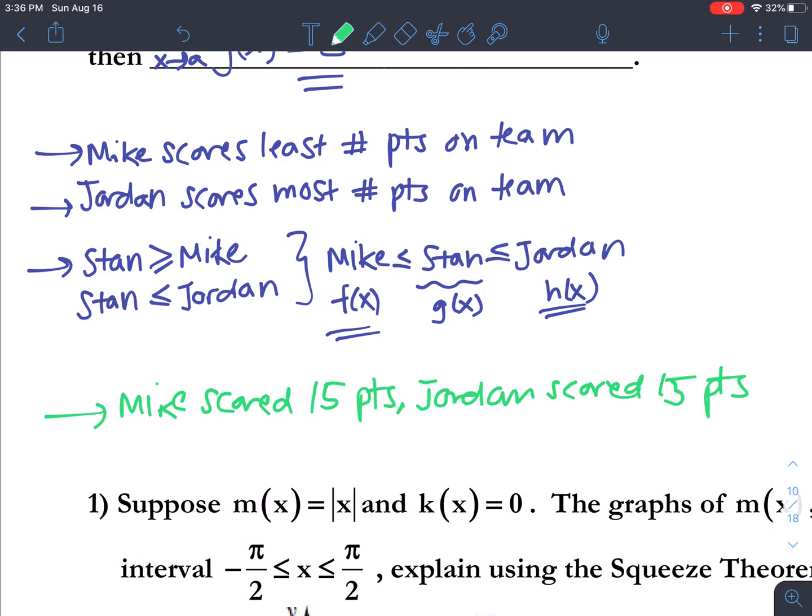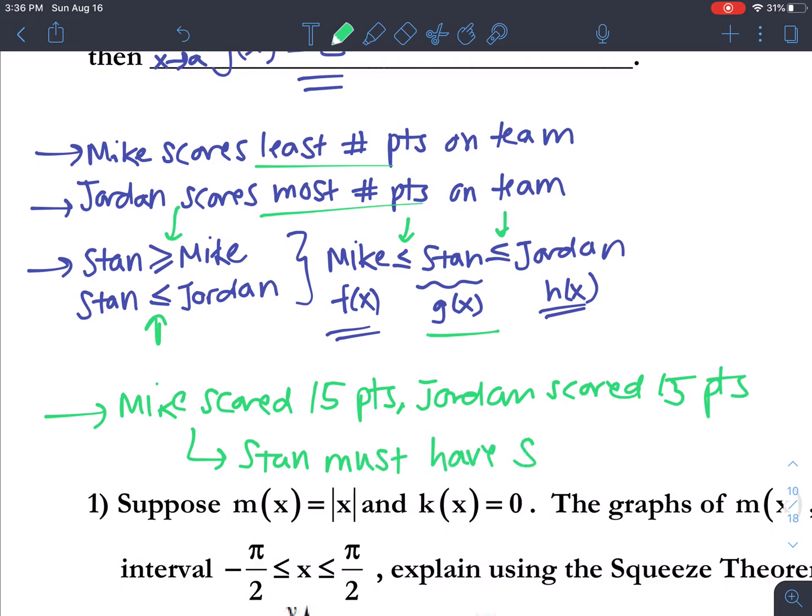So Mike scores the least or equal to the least, and Jordan scores the most or equal to the most. Notice these less than or equal to, greater than or equal to signs here. If Mike scored 15 and he scores the least, and Jordan scores 15 and he scores the most, and we know that Stan is always in between, what can we conclude, guys? Stan must have scored 15 points.